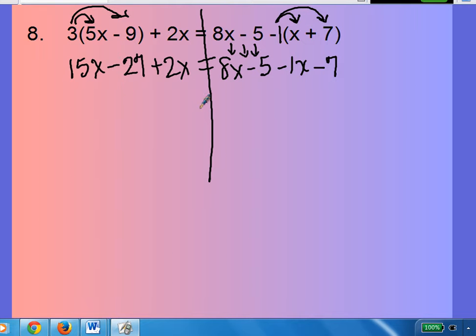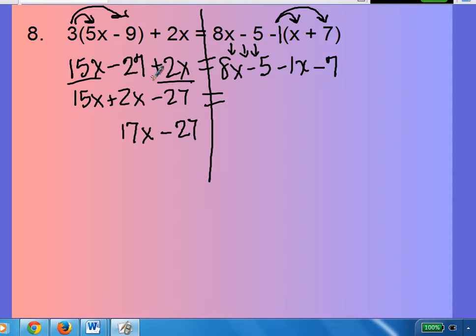Now, on this side of the equation, we have two x's here, so we need to put them together. 15x plus 2x minus 27, and keep working that down. That's 17x minus 27. And remember, guys, that you take the sign in front of the number when you move it. So that's why I put the negative on the 27 and the positive on the 2x, or the minus and the plus.